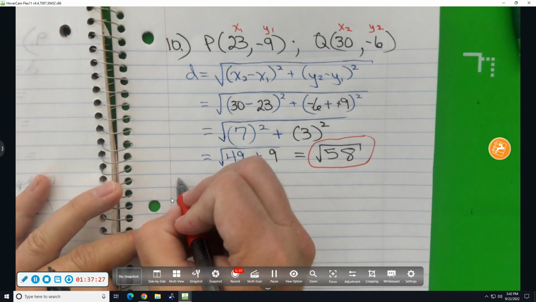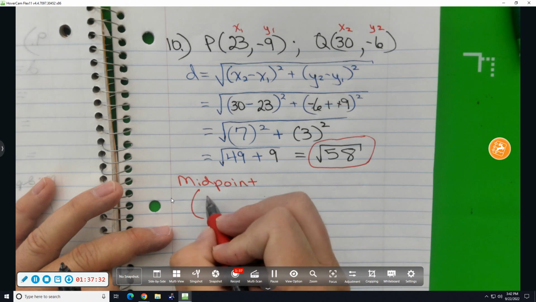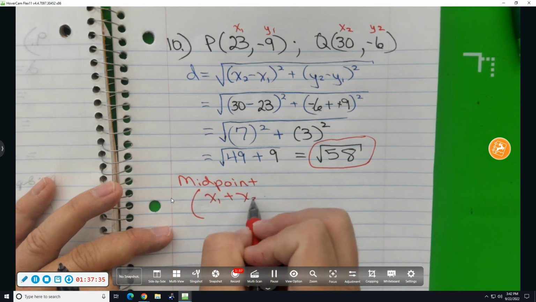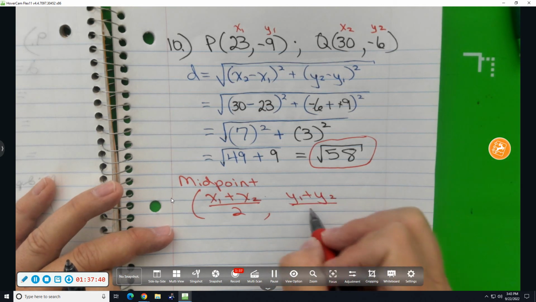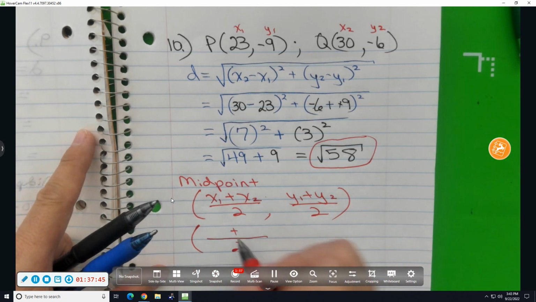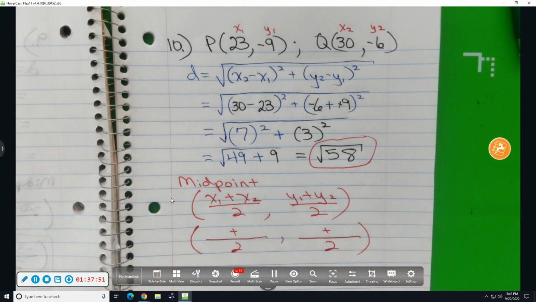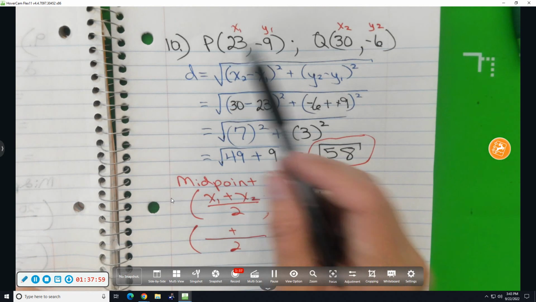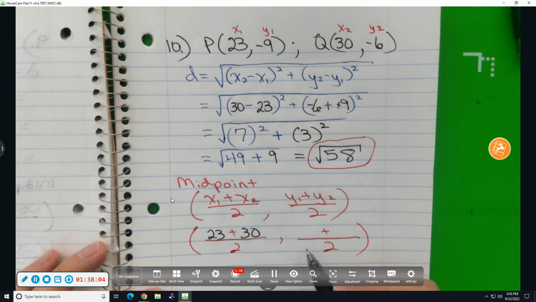And then the midpoint, almost finished. Remember, we average the x coordinates. We average the y coordinates. Add them up, divide by 2. So adding the x values, 23 plus 30 here.